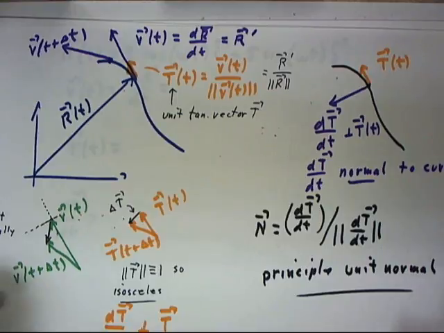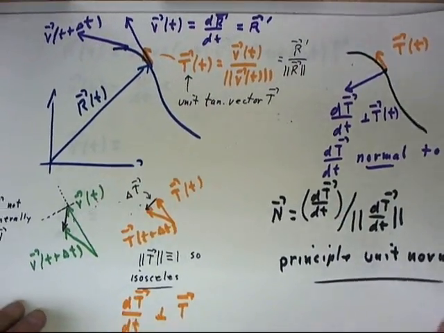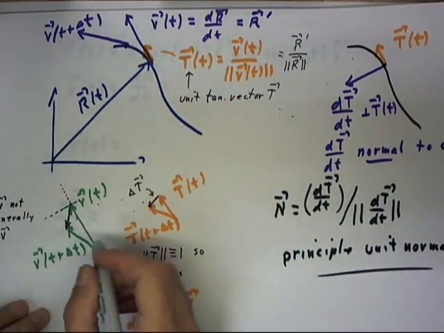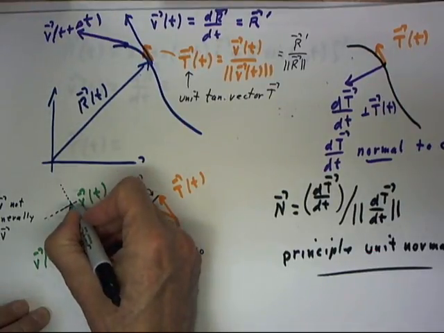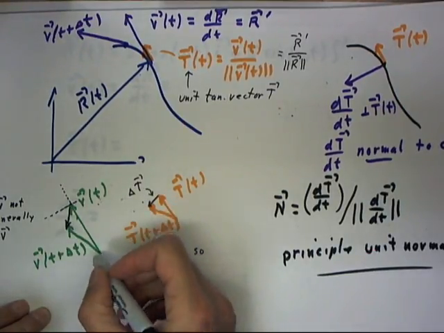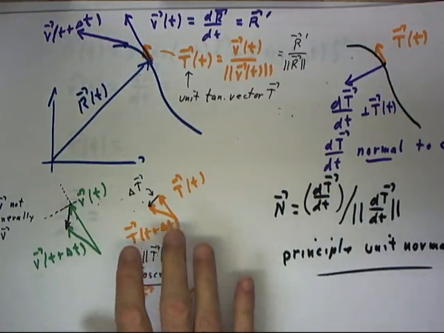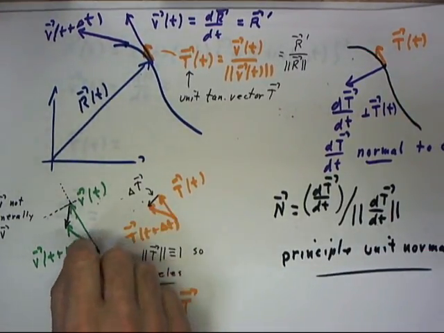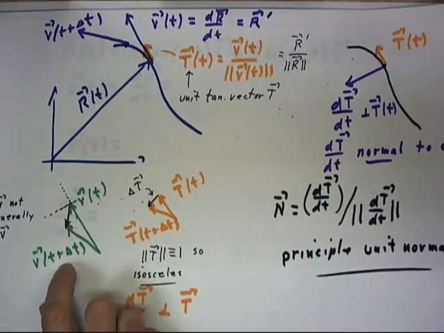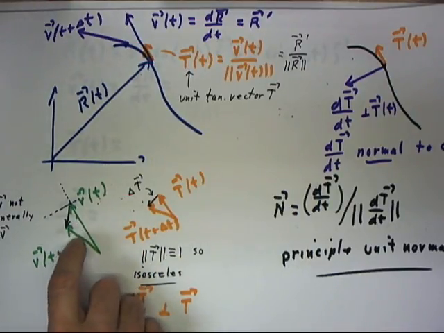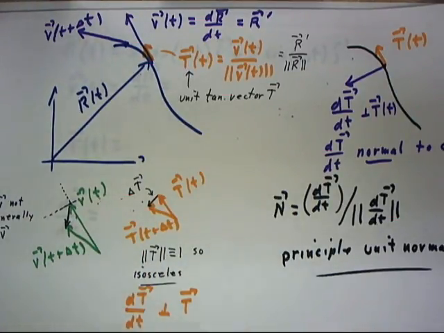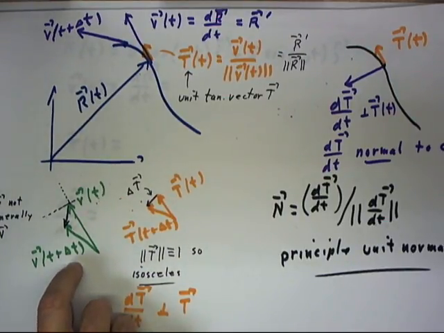Now, if we have motion along the curve, we could have a velocity at time t, a velocity at time t plus delta t, and this particle could be speeding up or slowing down. That is, your v of t and your v of t plus delta t might well have different magnitudes, and that might continue as delta t approaches the limit.